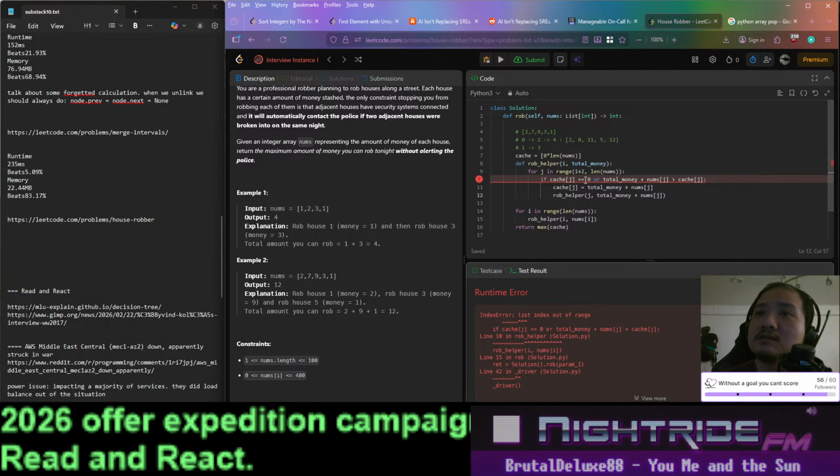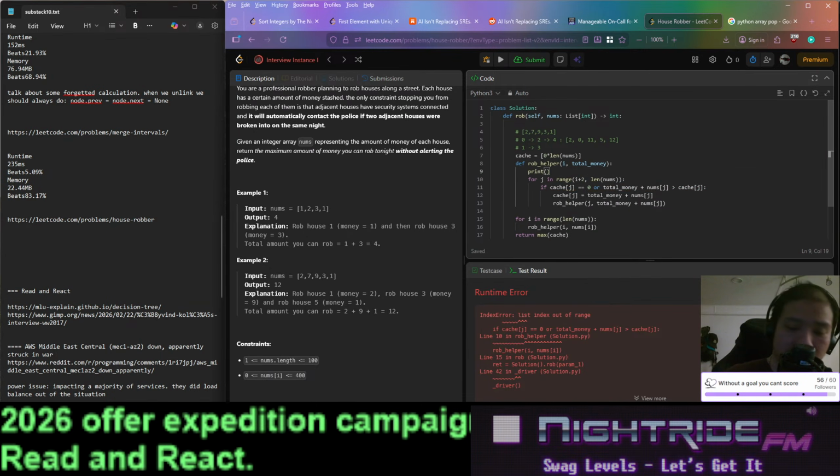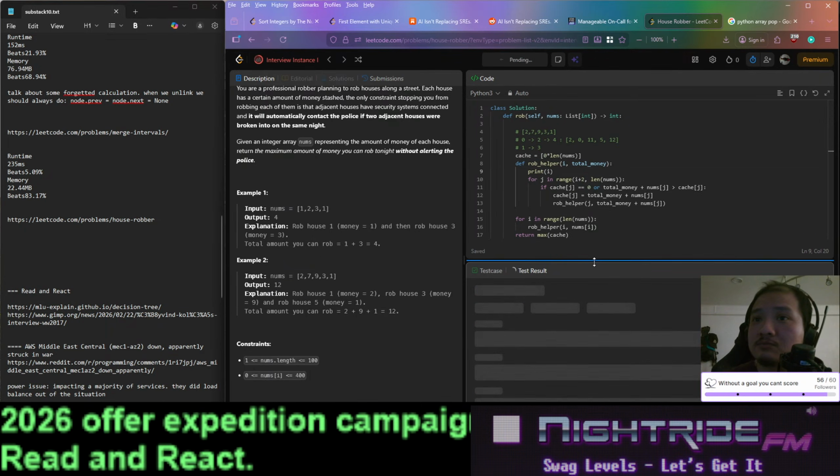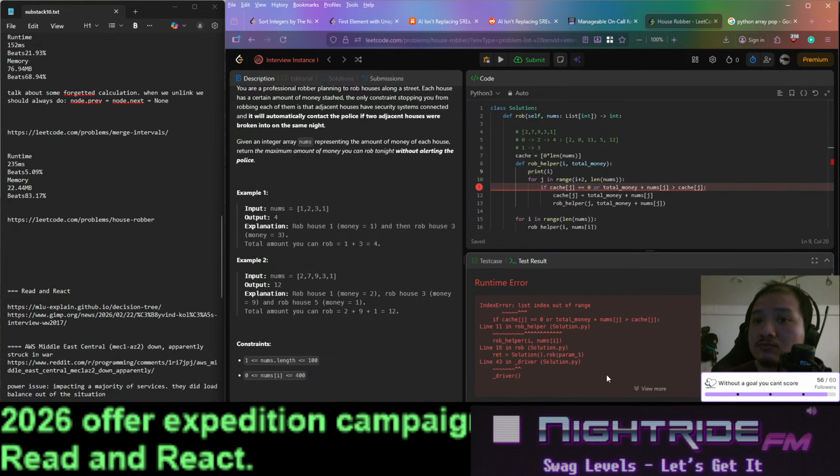Why is j? So we started this. If we started this index, we can only pick the value that is from i plus 2 to the end, right? So let me print the value here. Okay. 0, cache j.